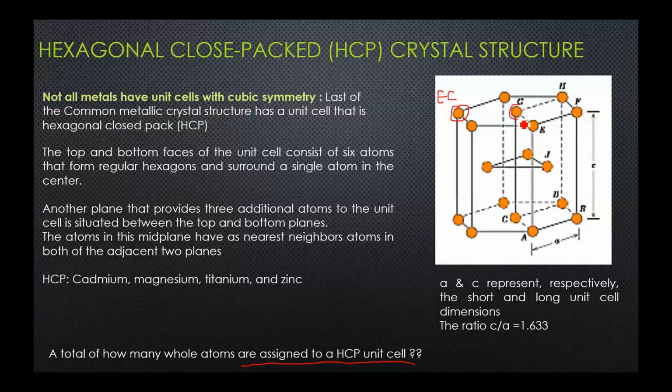The other atoms are known as face-centered atoms, and the third kind are characterized as body-centered atoms. If I ask you about the edge corner atoms, what is the contribution of an edge corner atom towards the HCP crystal structure?